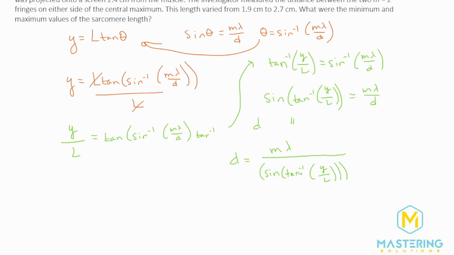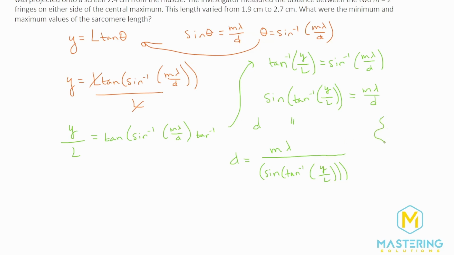And now we're going to have to plug in two values. There's one last tricky little bit here where you could get messed up. They say that the m equals 2 fringes on either side of the central maximum are these two lengths. But that's going to be y right here, but y is not between the two central maximums.